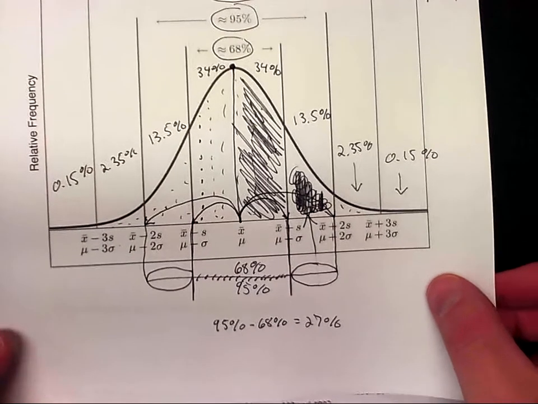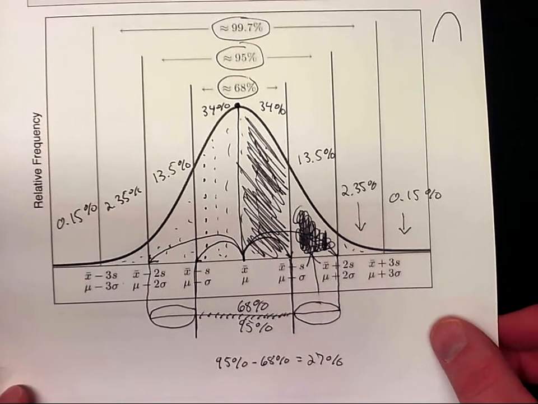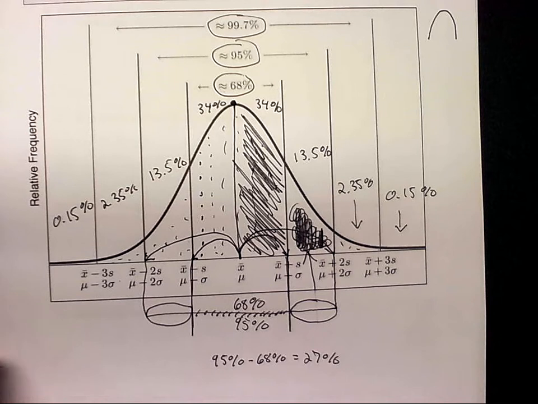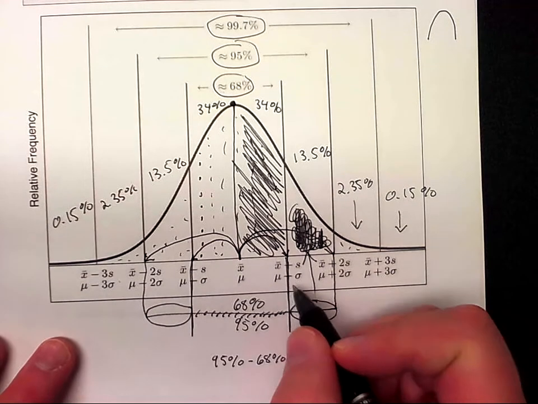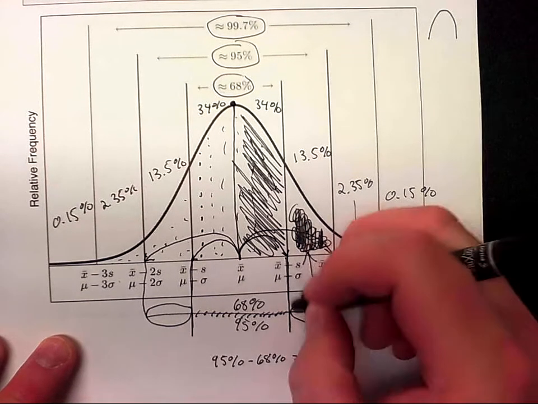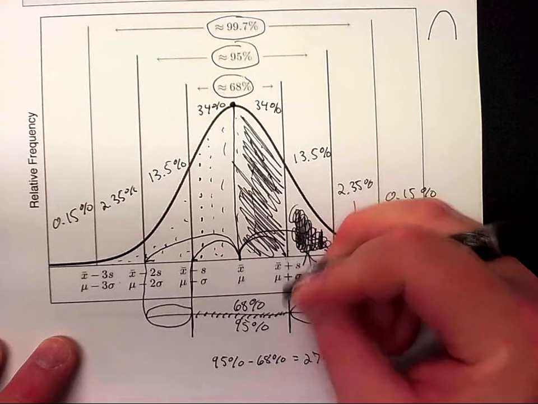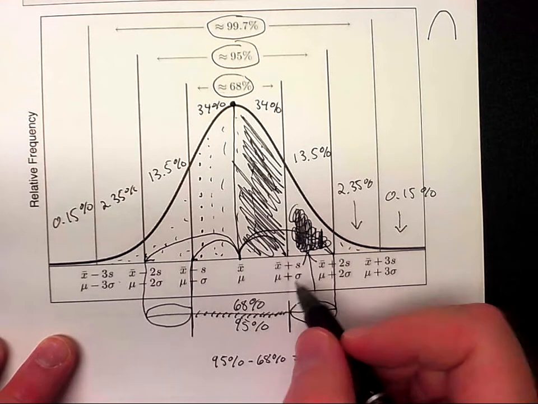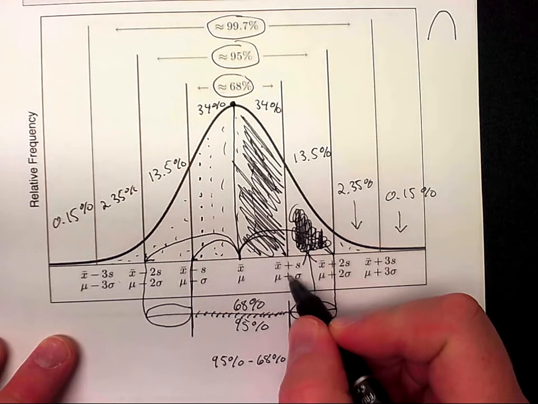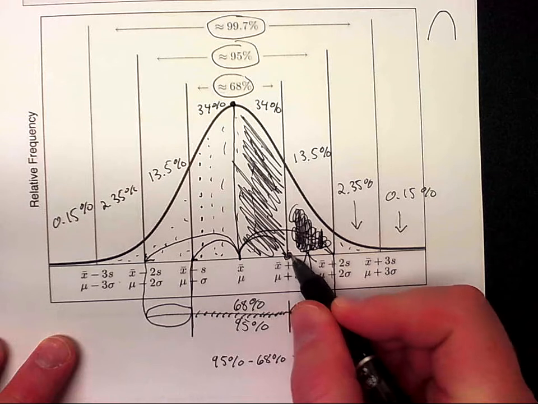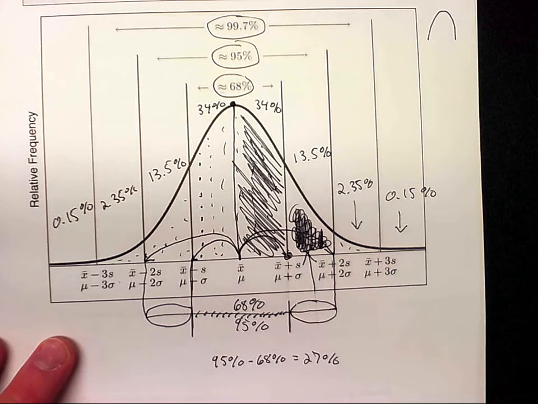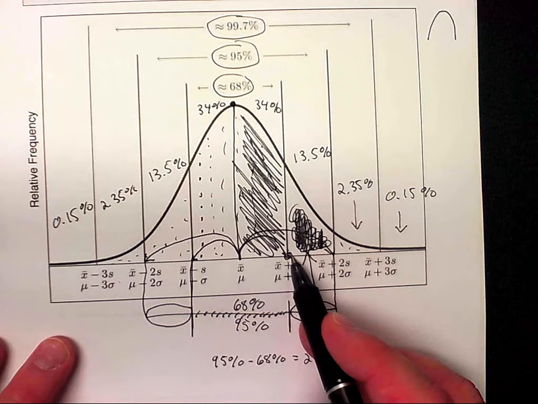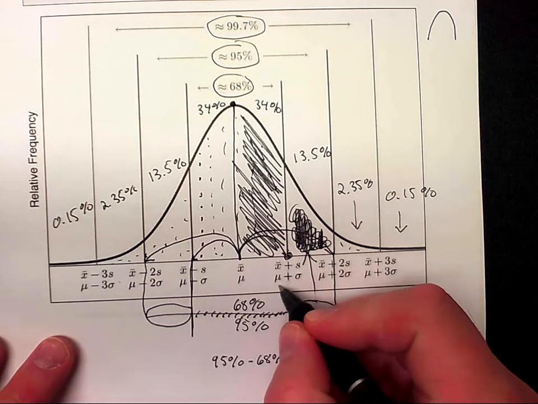Let me say one quick thing, and I think you guys would put this together relatively easily anyway, but while I have the opportunity to mention it, let me mention it regardless. This spot right here, what's the z value of that spot? 1.